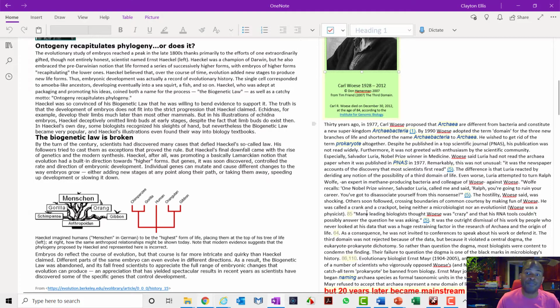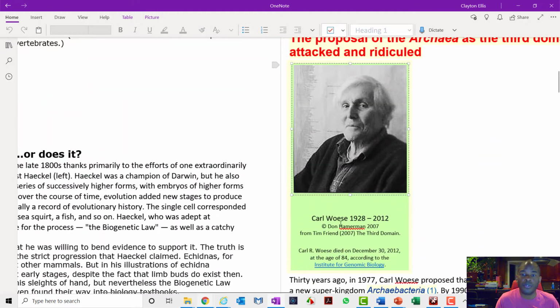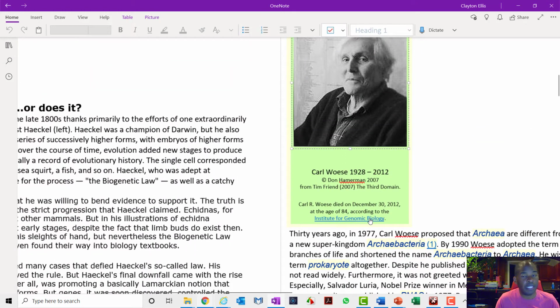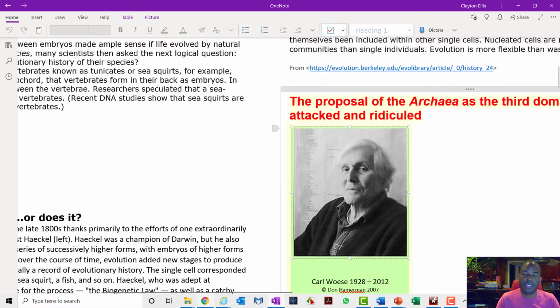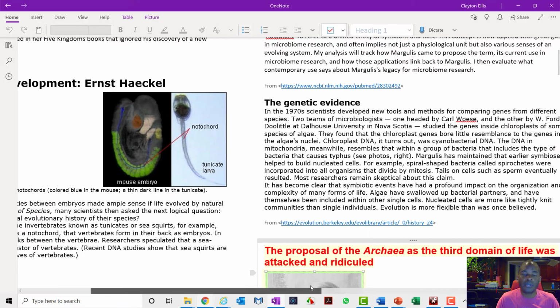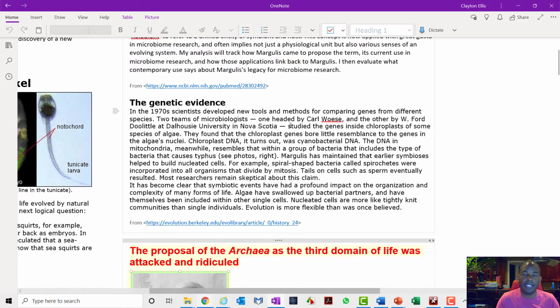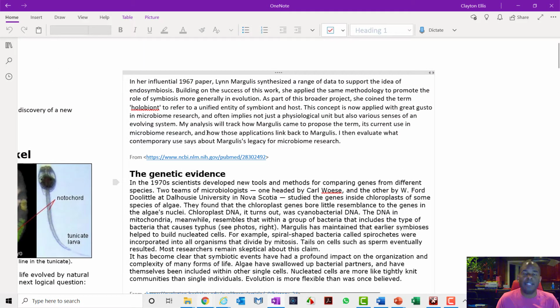They're bullied. And one of those people is this dude, scientist by the name of Carl Weiss. I'm not sure how to pronounce his name correctly. I should have looked it up. And Carl Weiss, he proposed, based on the evidence, he looked at the chloroplasts of plants, and he looked at the mitochondria of animals, and he noticed that these organelles had DNA that was different from the genomic cell, the host cell, the eukaryotic cell that's found in the nucleus.